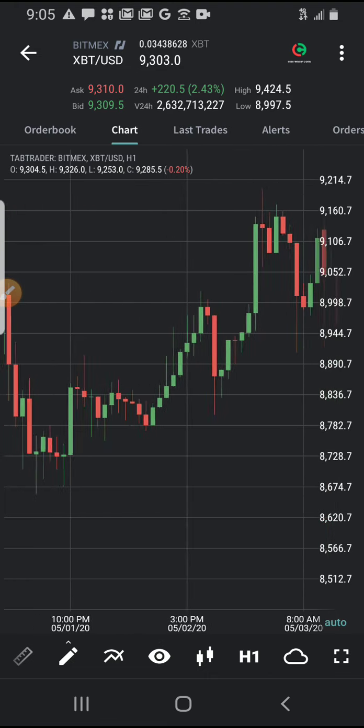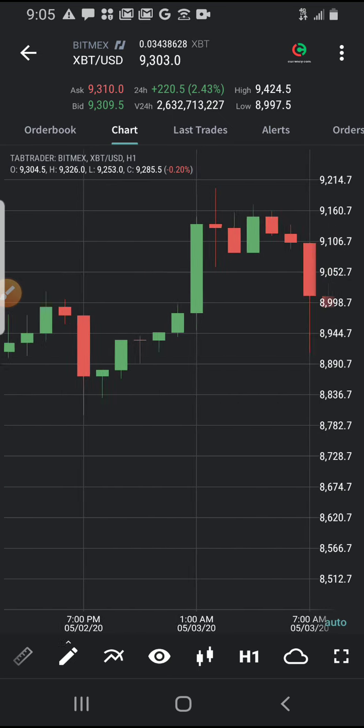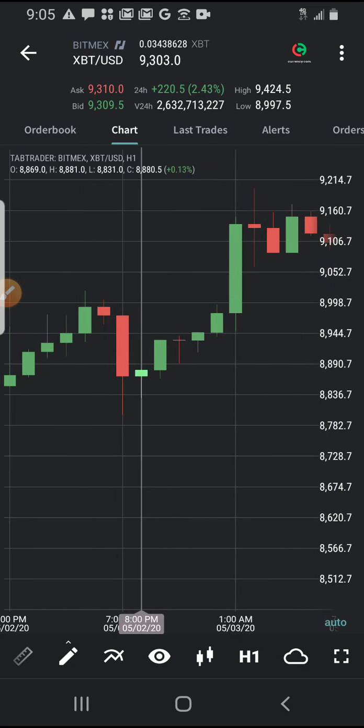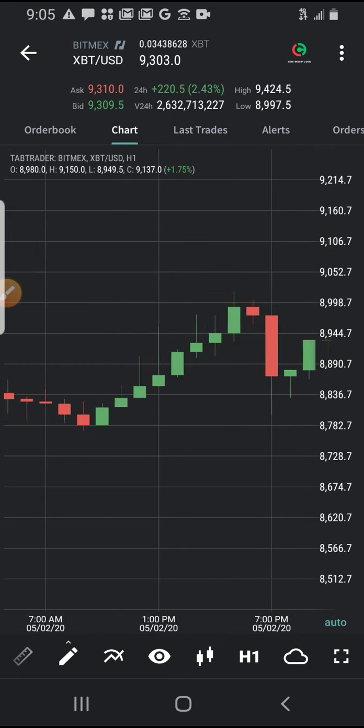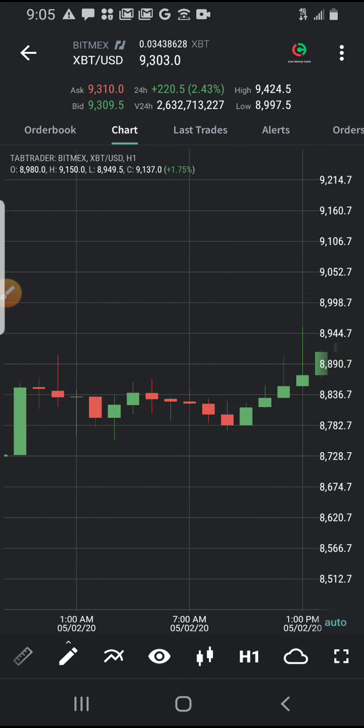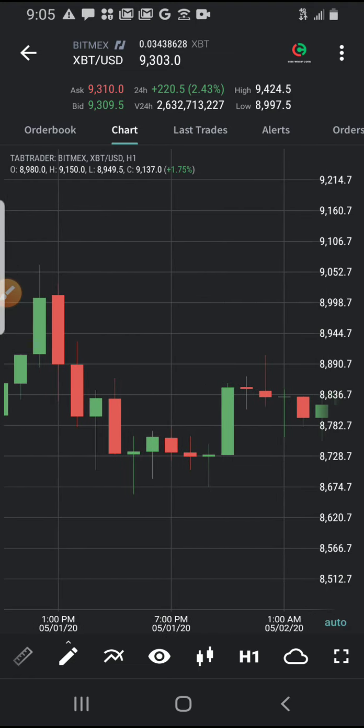You understand? Okay. But you see, I don't know if you can see another hammer that formed here. That's another hammer that formed. So just price reversal. So definitely whatever you are saying on the candlestick topic is actually as it seems.